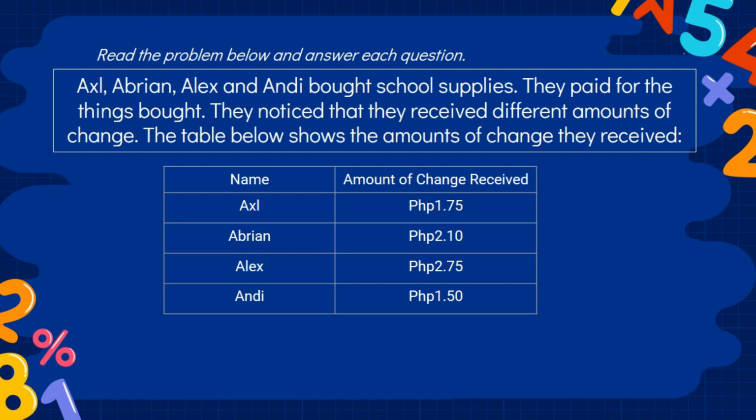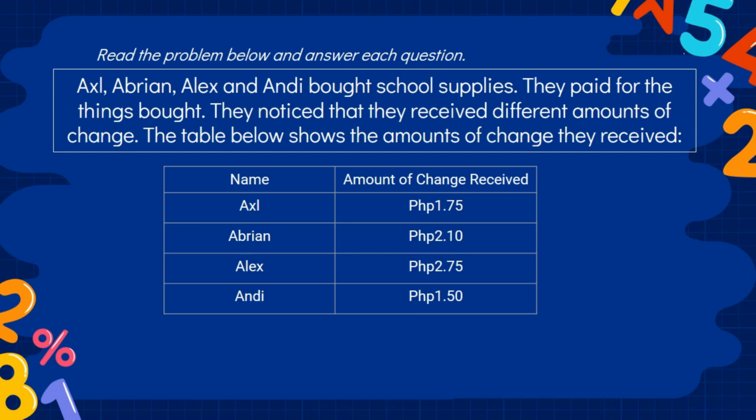Now, let's read the problem presented and answer each question that follows. Axel, Adrian, Alex, and Andy bought school supplies. They paid for the things bought. They noticed that they received different amounts of change. The table below shows the amounts of change they received.